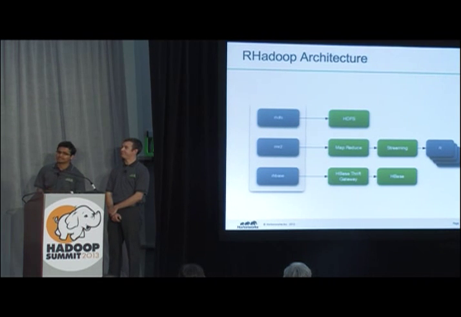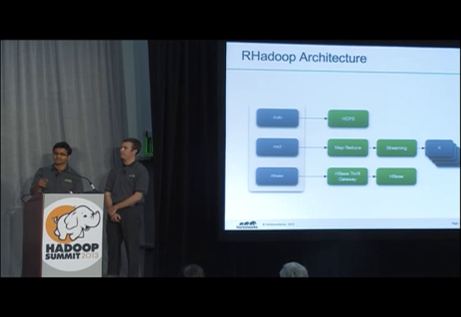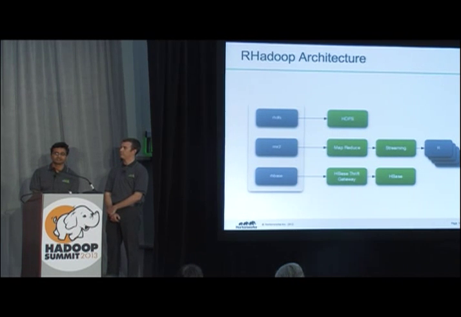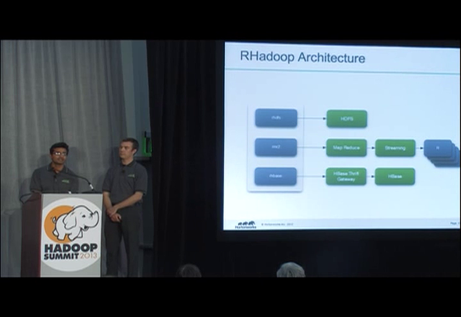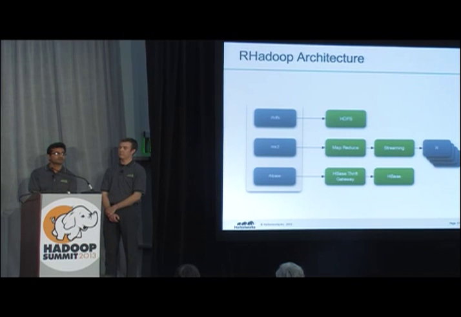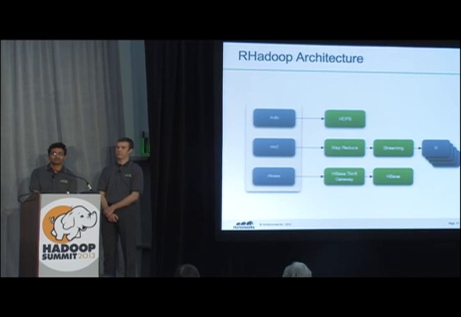Yeah, this is the architecture of RHadoop. So as I said, there are 3 components. One is RHDFS, second is RMR, and the third is RHbase. The way RHDFS interacts with your Hadoop HDFS cluster is through, again, a DFS client. So even here, there's a dependency with RJava. The second library is RMR2.